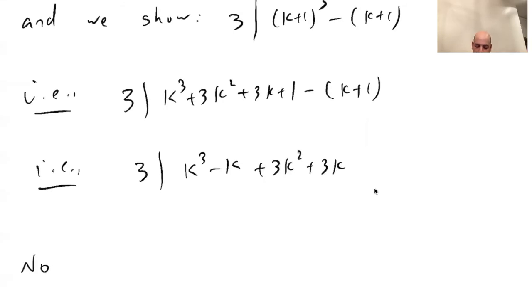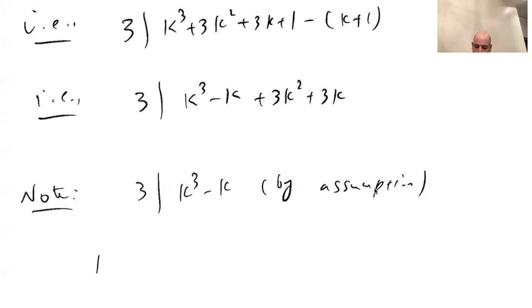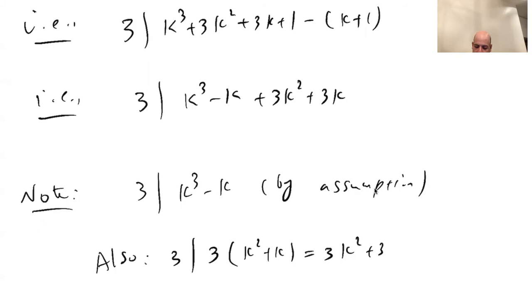So now note that first of all, 3 divides k cubed minus k by assumption. Also, 3 divides 3 times (k squared plus k), which is the same as 3k squared plus 3k.